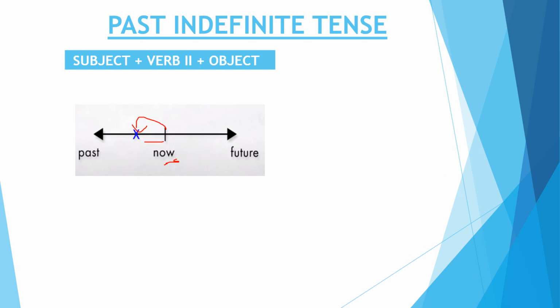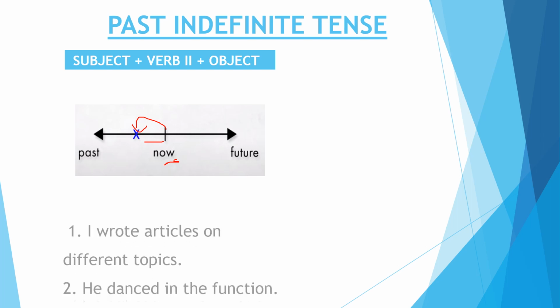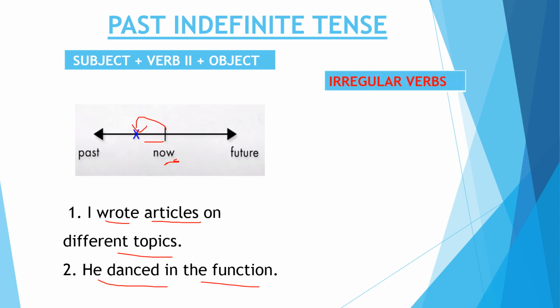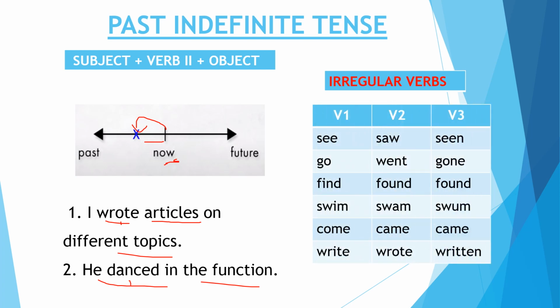Let's see examples now. I wrote, write, wrote. I wrote articles on different topics. He danced in the function. So you can see here the second form of verb, wrote and danced. I want to tell you here about the irregular verbs. See here: see, saw, seen.